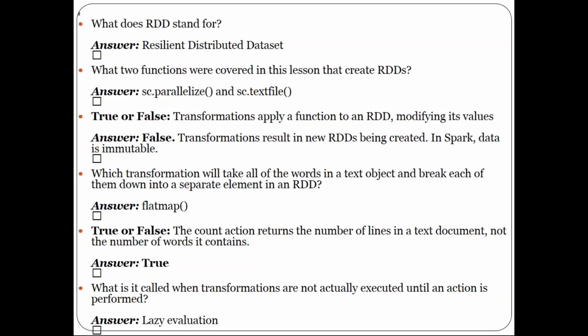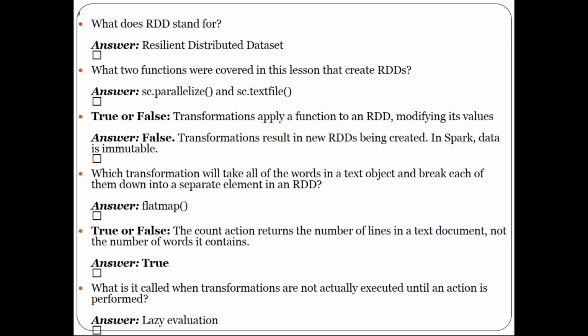Okay, transformations apply a function to an RDD, modifying its values. Actually, this statement is true in two conditions. It does the work, but transformations result in a new RDD, because I told you very clearly, right?